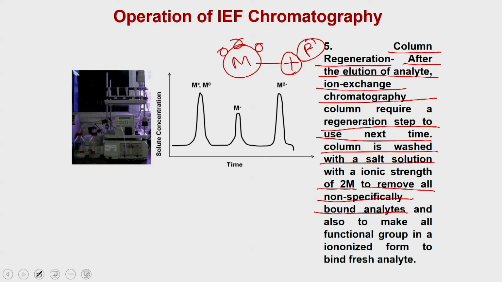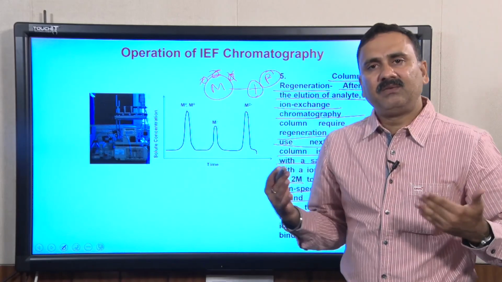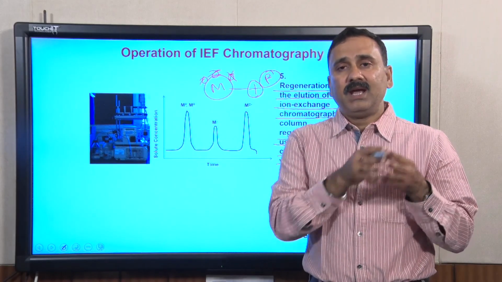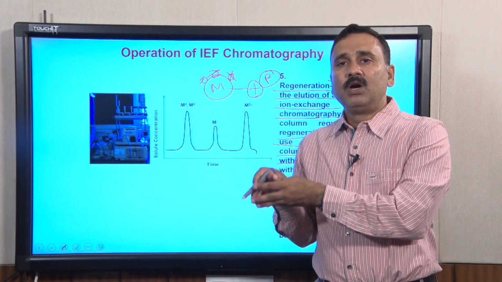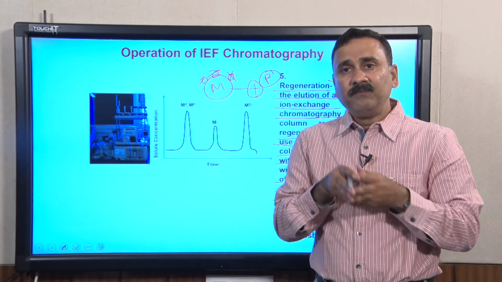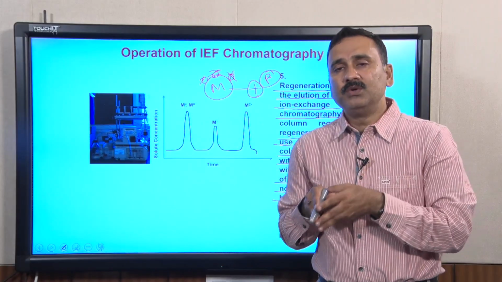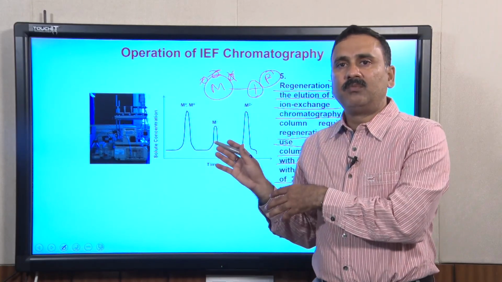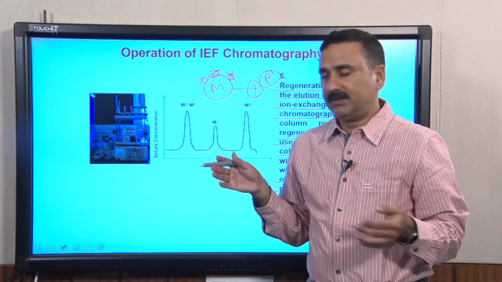If you wash with 2 molar NaCl, you are going to remove all these non-specifically bound proteins, because if you do not do that, the non-specifically bound protein is going to reduce the flow rate and eventually clog the column, or reduce the surface area of the beads available for the protein of your interest to bind.